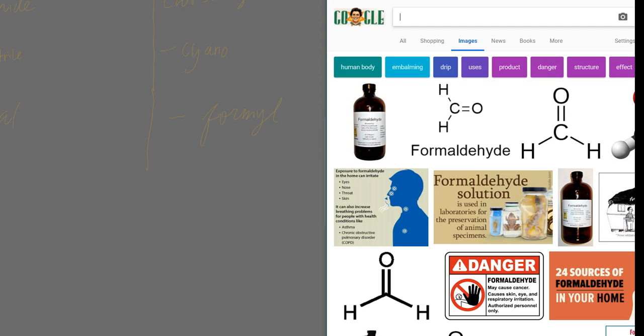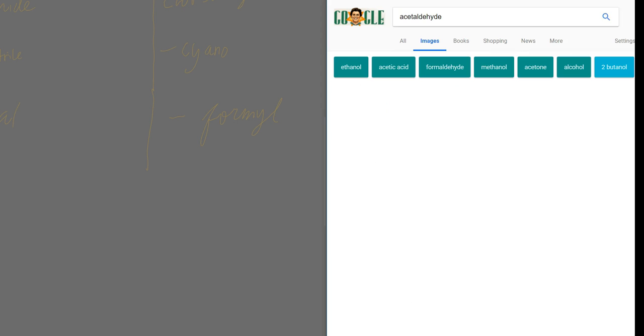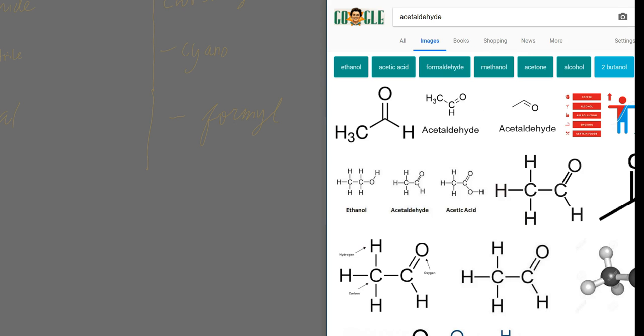It's a one carbon aldehyde. Acetaldehyde, that's two carbons. So here's two. There's probably a chart out there.